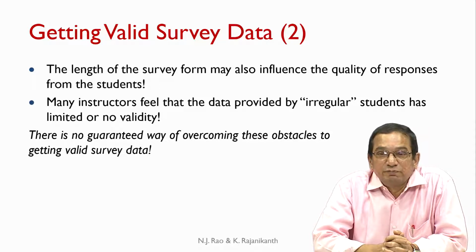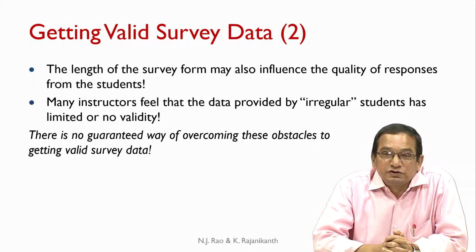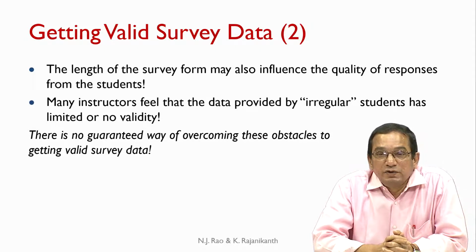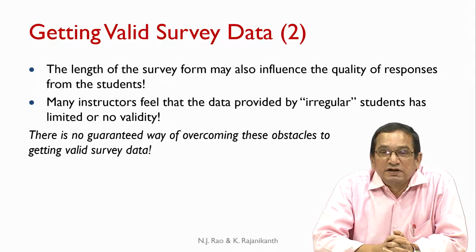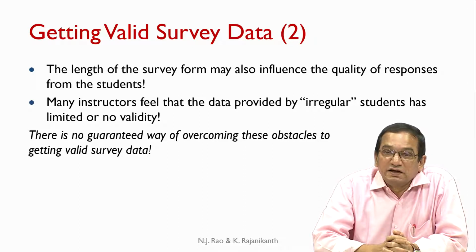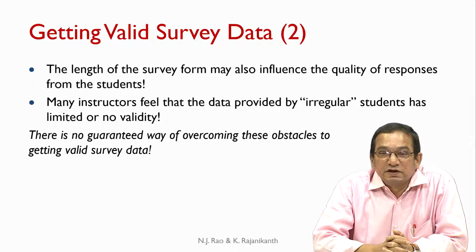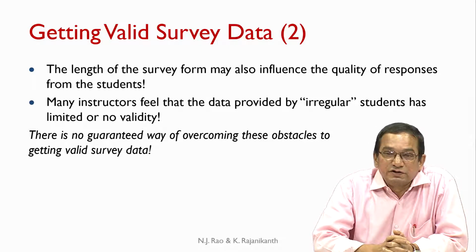Now, while there is some truth that students who are irregular to the classes may not be able to give valid data, it may not be really desirable to stipulate performance as an entry criterion, because we do want to get feedback from the students who have not performed well in the course also, because that feedback would be valuable in figuring out improvements in the course delivery the next time it is offered.